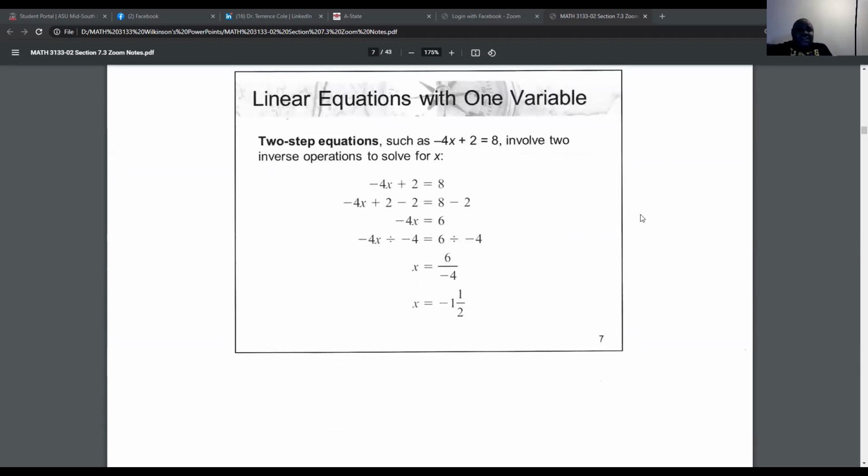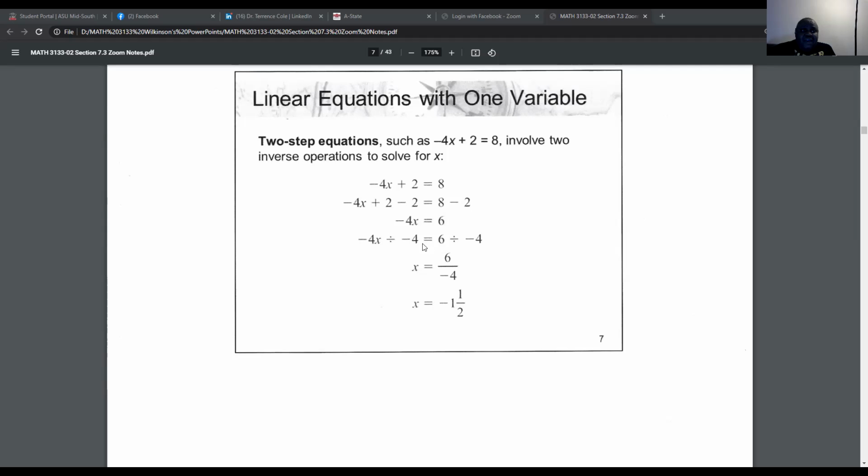Now, for a two-step equation, you have to do two inverse operations to solve for x, like negative 4x plus 2 is equal to 8. So we start by undoing either addition or subtraction. And in this case, we're going to undo addition by subtracting 2 on both sides of this equation.